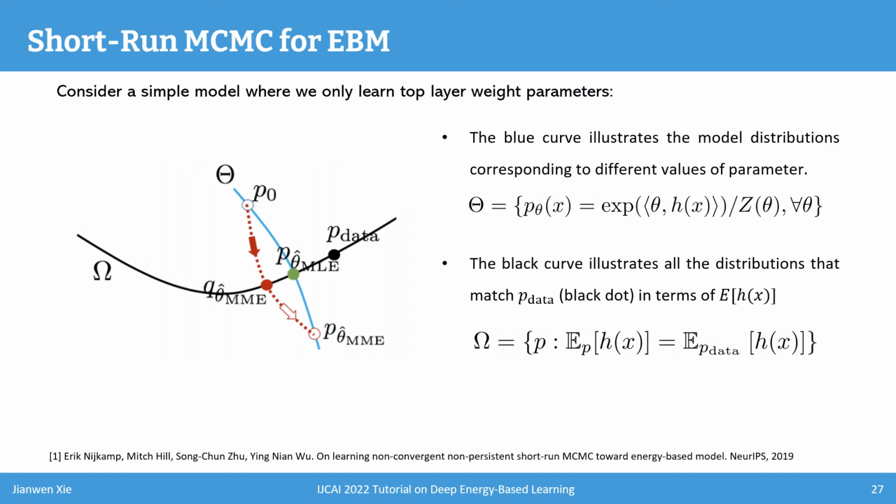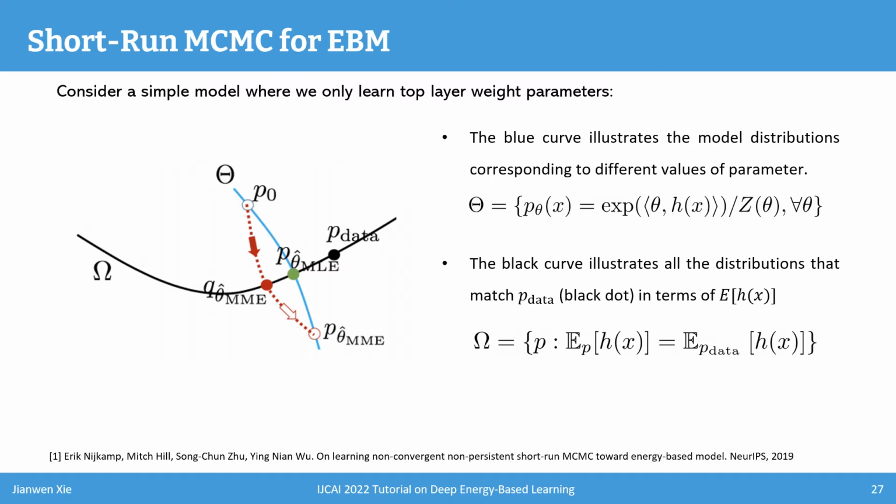The ideal MLE solution, that is the green dot, is the intersection between the blue curve and the black curve. The red dotted line shows that the MCMC starts from P0 and runs toward P with theta hat MME. MME means moment matching estimator.